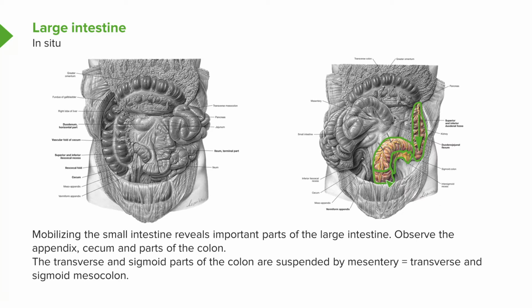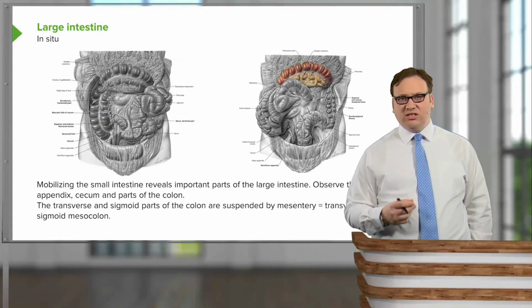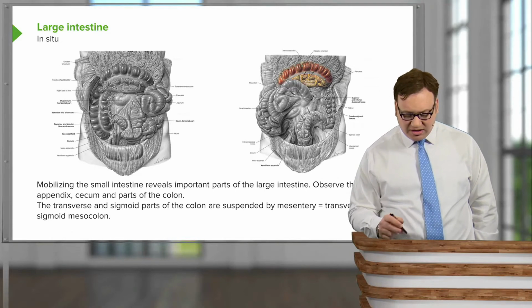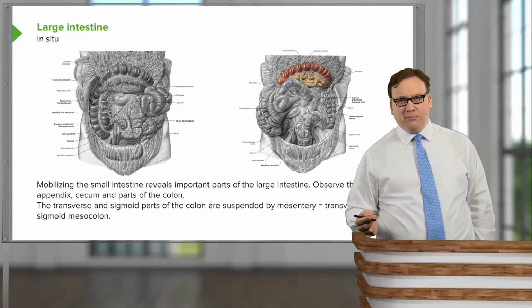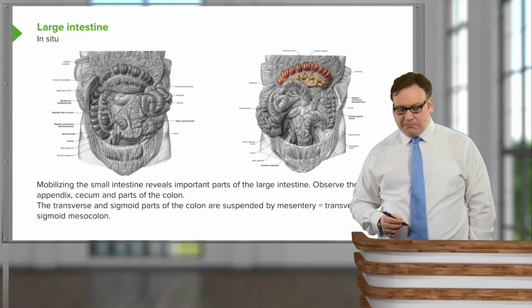Another part of the colon also has a mesentery attached to it, and that is the transverse colon here. And this membranous shelf, which we can see here when the transverse colon is elevated, is the transverse mesocolon. And these are the two parts of the large intestine that have a mesentery attached to them, the transverse colon and the transverse mesocolon, and the sigmoid colon and the sigmoid mesocolon.